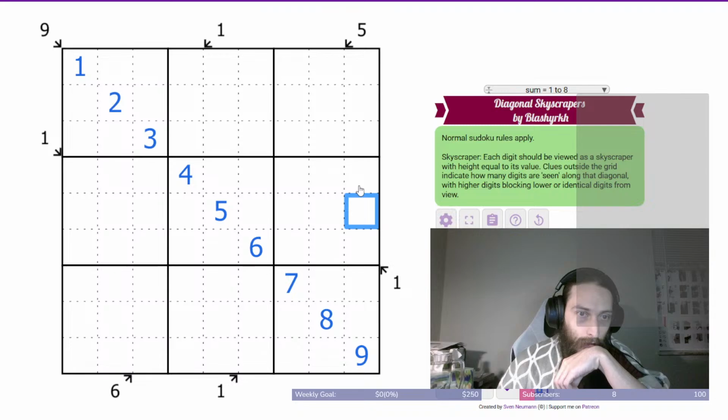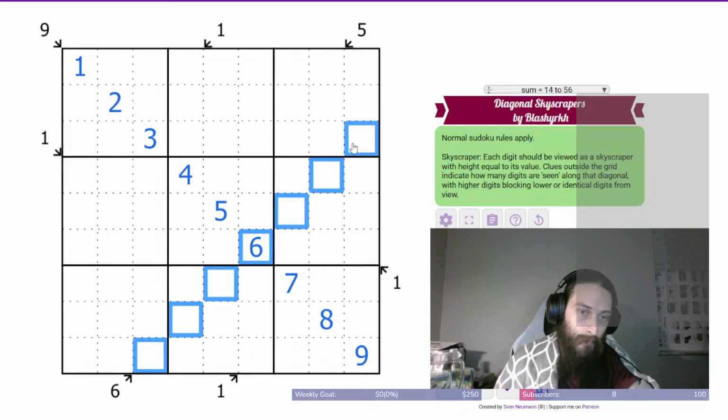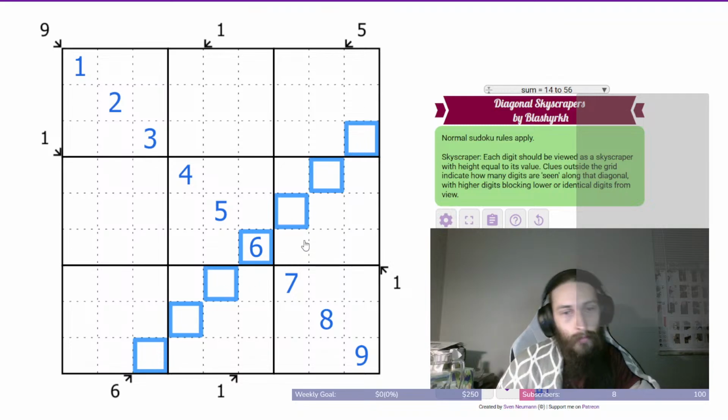From there, six. 1, 2, 3, 4, 5, 6, 7. Which means one of these is not seen. Well, yeah.